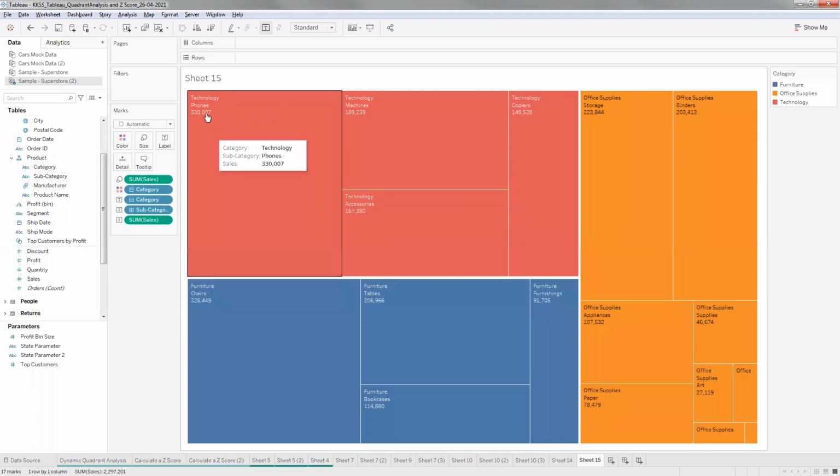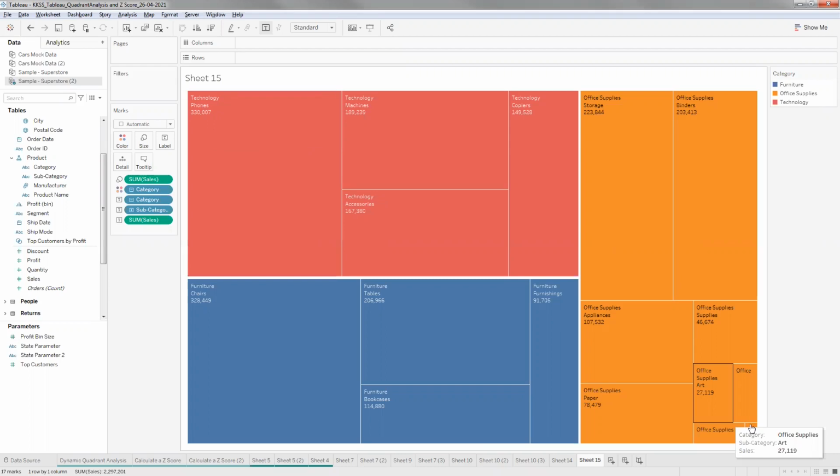I can also get an overview of how my phones subcategory sales are in comparison with my overall sales. I can clearly see that phones has a significant contribution, whereas my other subcategories like fasteners or envelopes are not so much when compared to my overall sales.